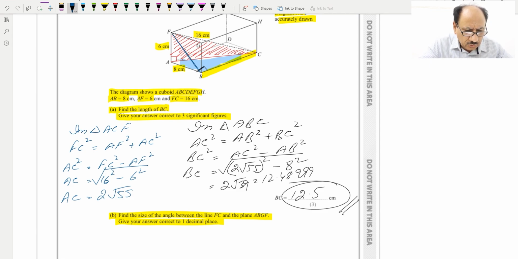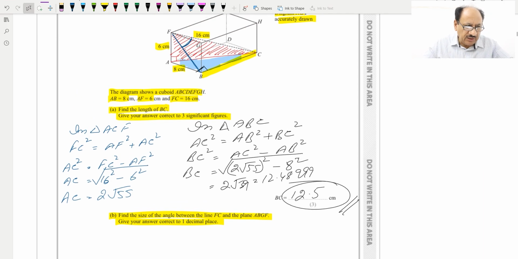So to understand which angle FC makes with the base, the angle required is basically this angle. So we can apply basically Pythagoras theorem. So first we will find BF.